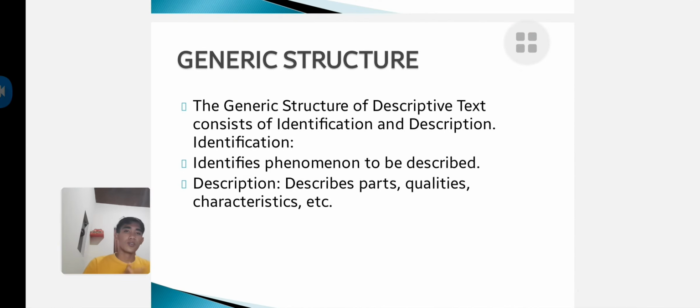The generic structure of descriptive text consists of identification and description. We start from identification. It identifies the phenomenon to be described.